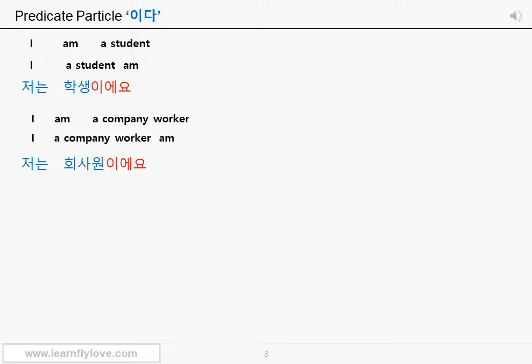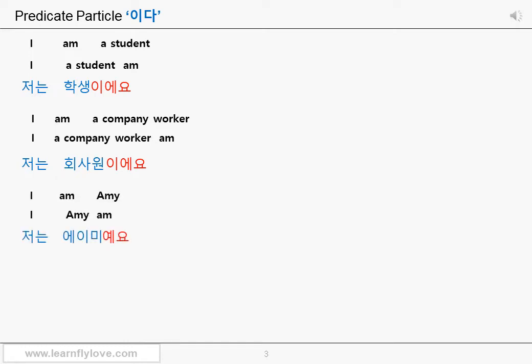So you can see that you use this predicate when you introduce yourself with one noun. I'm a doctor, I'm a teacher, etc. And a noun comes right before the predicate, 이에요, 예요. So needless to say, you can use this predicate 이에요, 예요 when you introduce yourself with your name.